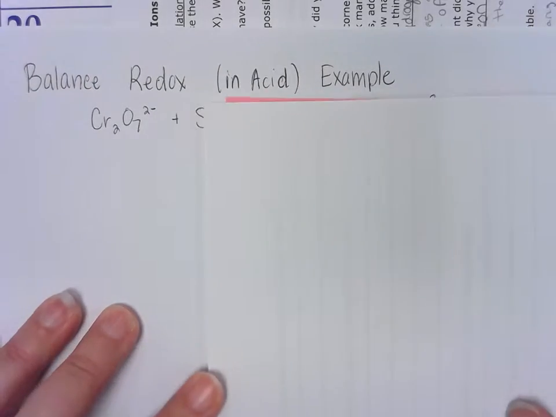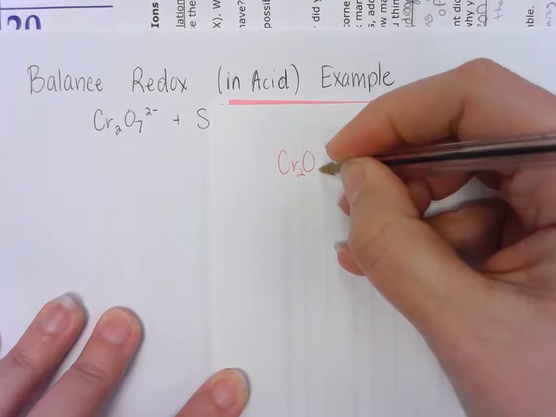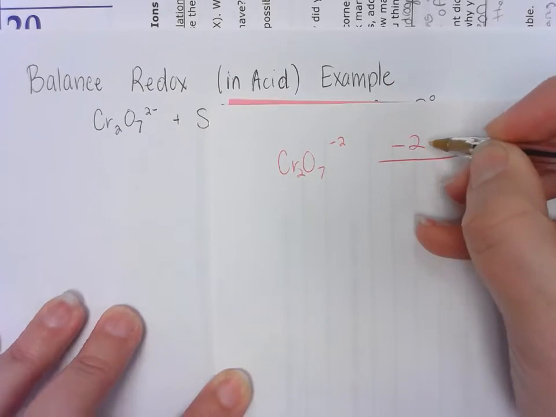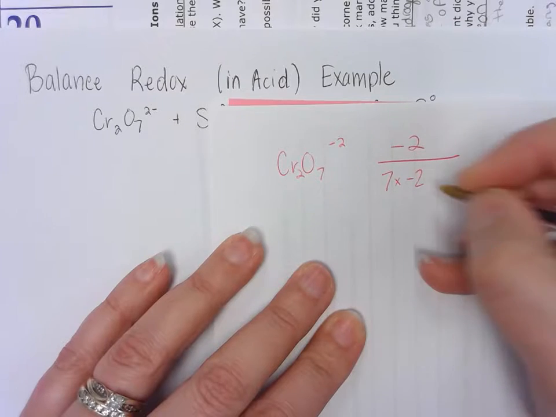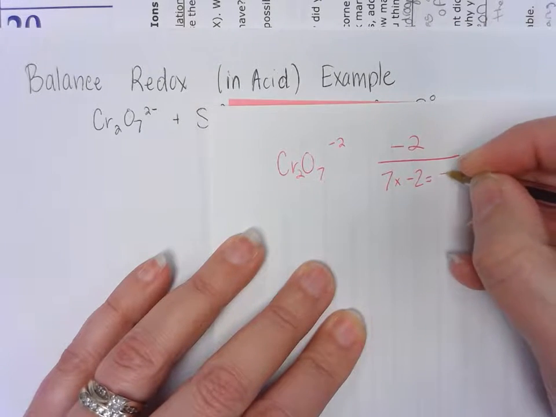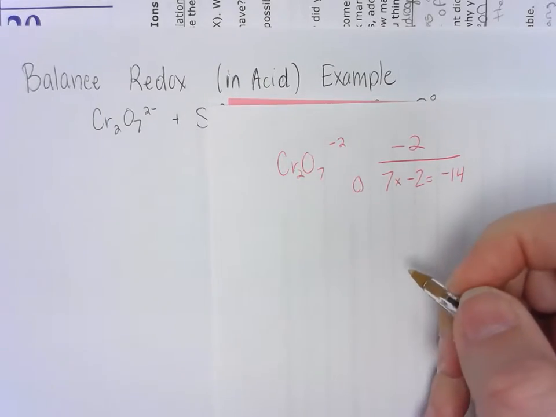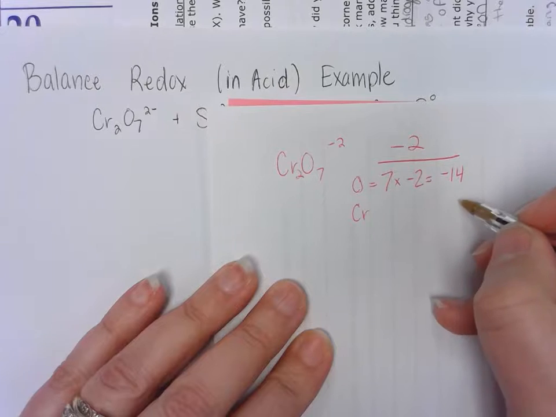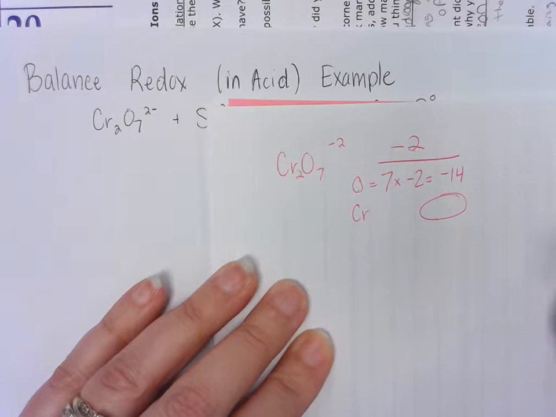So somewhere else, we're going to take our Cr2O7, which is -2, and we know that it has an overall charge of -2, and the 7 oxygens are going to contribute -2 each, so that gives me a -14 contribution from the oxygen. So I need to figure out my contribution from the chromium, and I know that whatever I add here needs to get me an overall charge of -2.